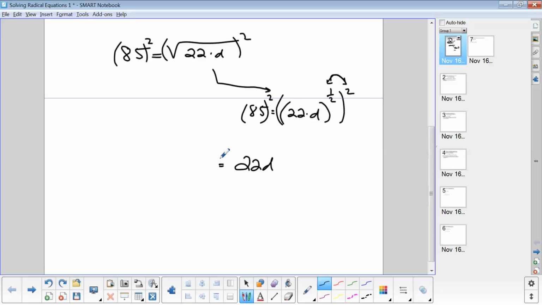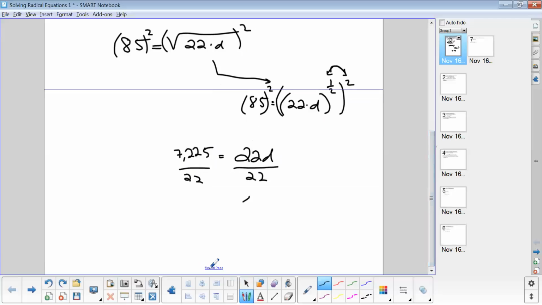But I'm going to have to square 85, and I get 7,225. And then I'm going to divide both sides by 22 to find that distance.